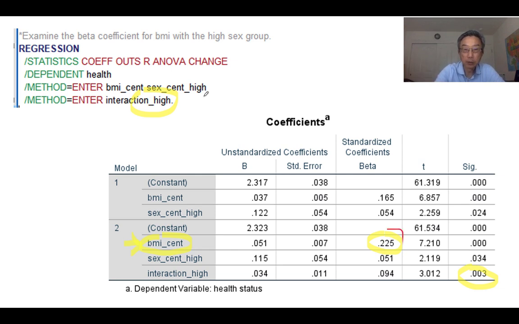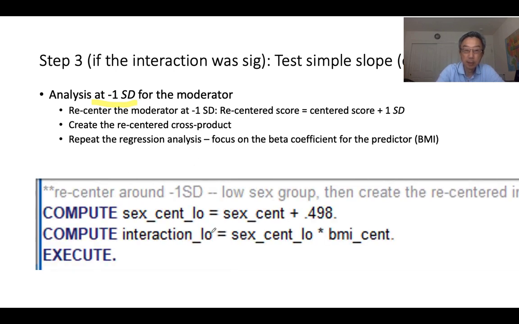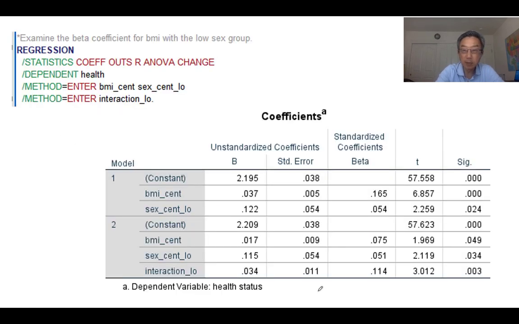Now, what about when the moderator is 1 standard deviation below the mean? Again, we do the same thing. We recenter, recreate the interaction term. This time it's low, right? And then we run the same analysis. We can check the interaction.